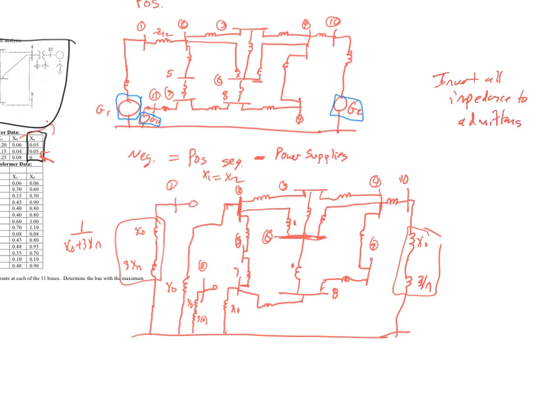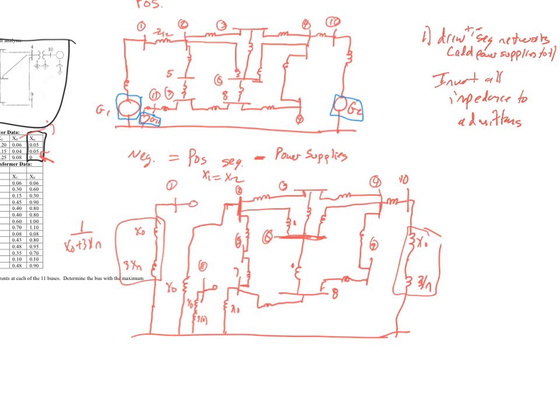So if you're following along for a step-by-step process, for step 1, what we basically did is we drew our sequence networks, and we'll say positive and negative sequence, and I'll put below here in parentheses, add power supplies to the positive.